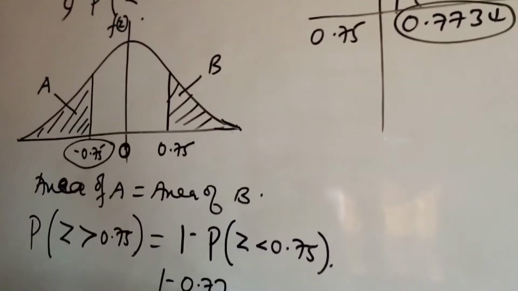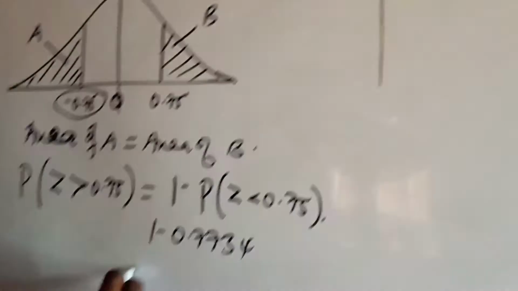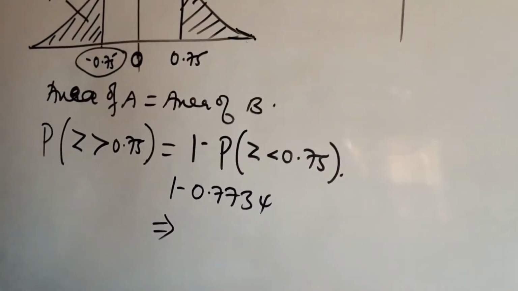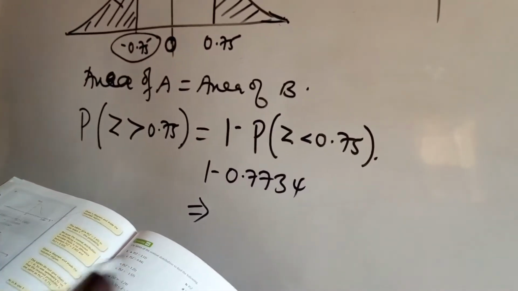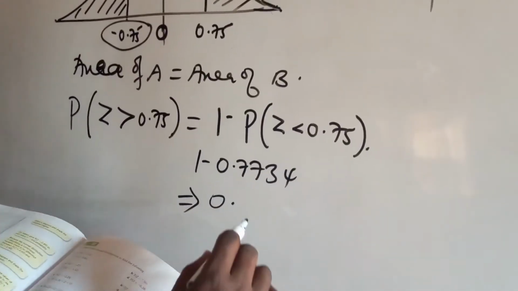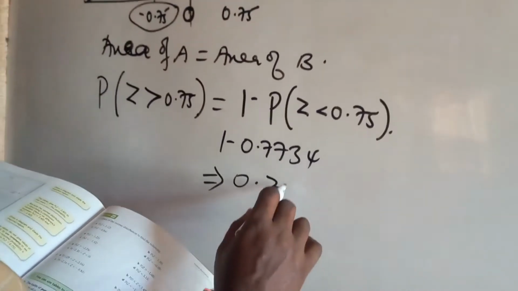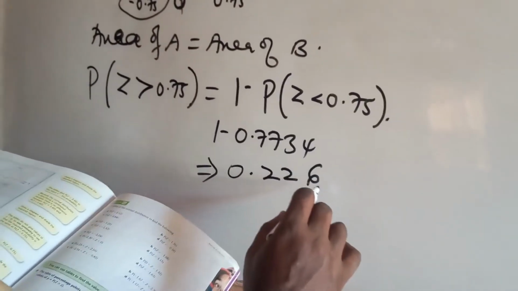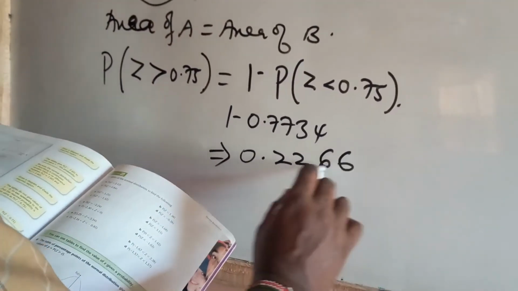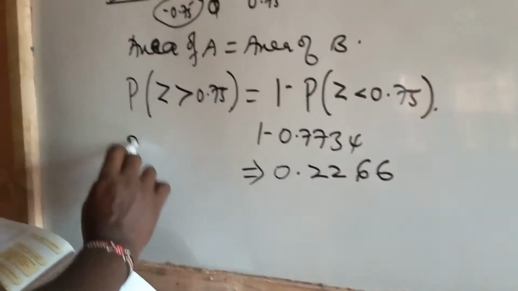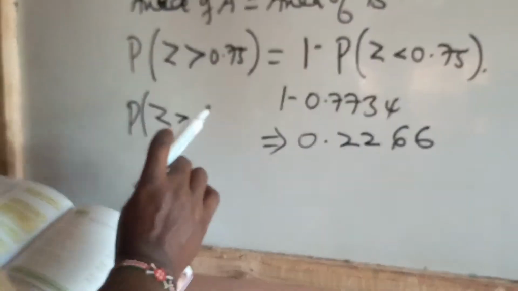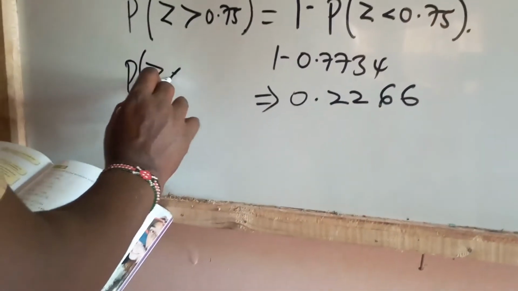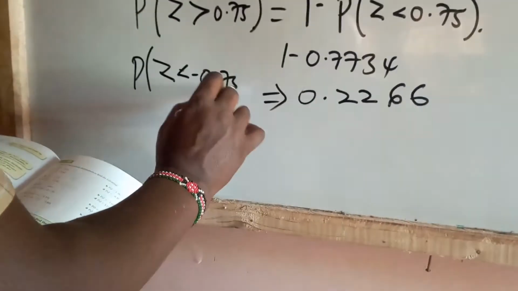So 1 minus 0.7734, it gives us 0.2226, and this is now the probability of Z less than negative 0.75.